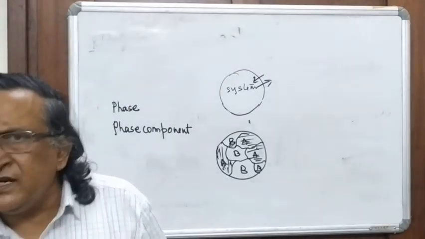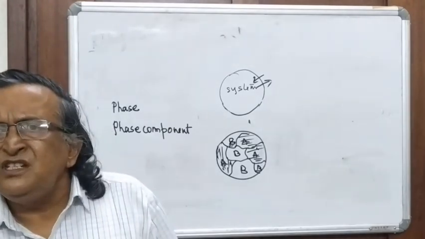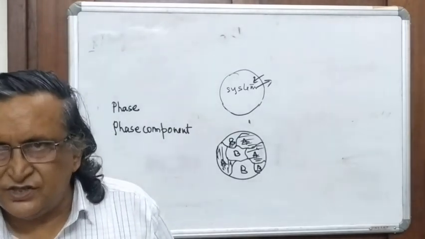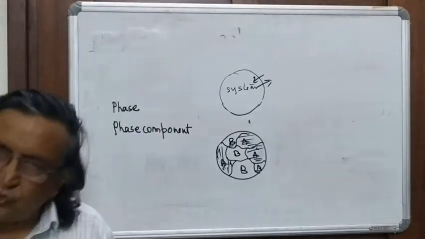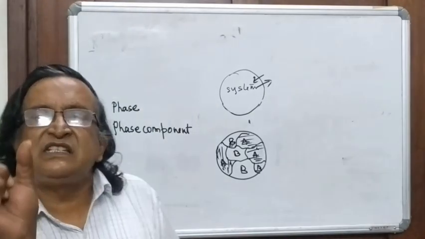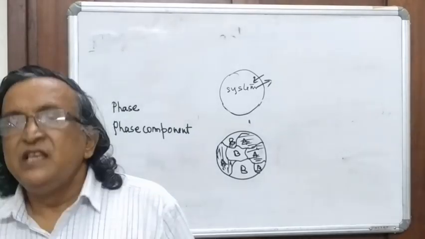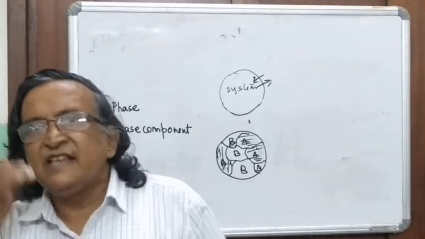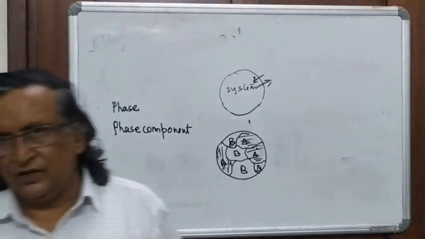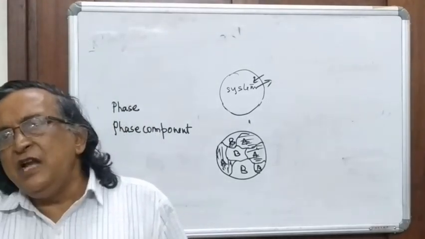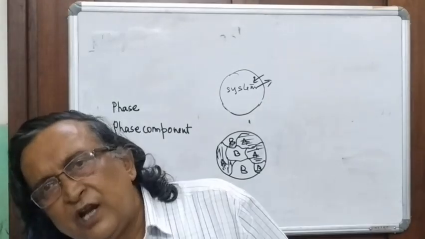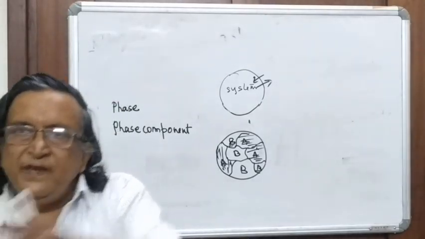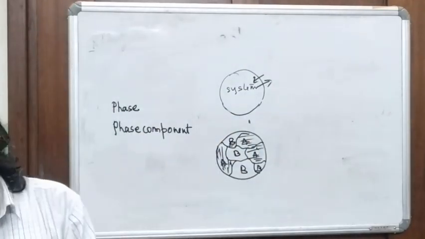Each of these minerals has certain distinctive properties by which you identify them. Also, they have distinctive compositions. Say, for example, quartz, SiO2, 100 weight percent. But if you take Al2SiO5, then Si is roughly around 33%, aluminium is 67%.